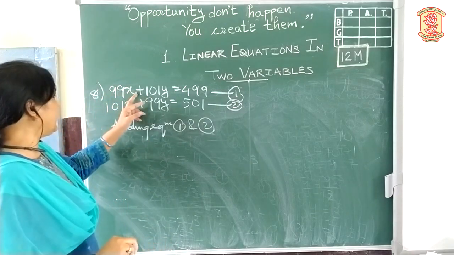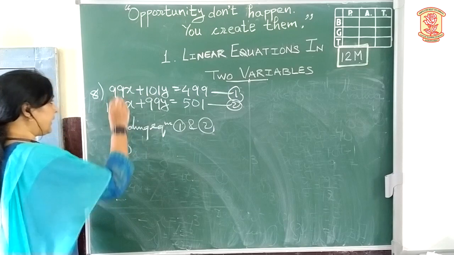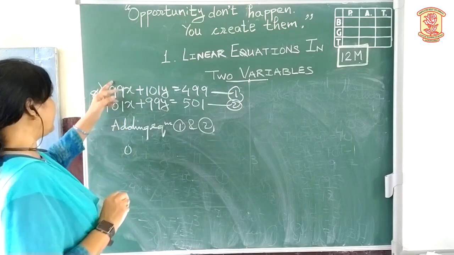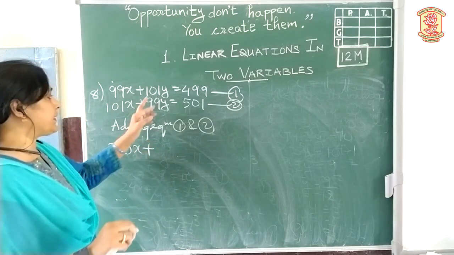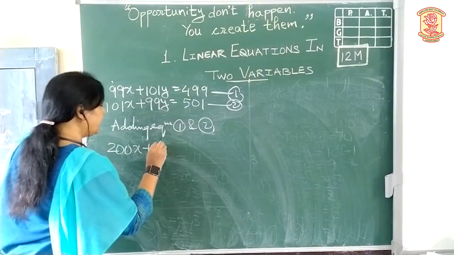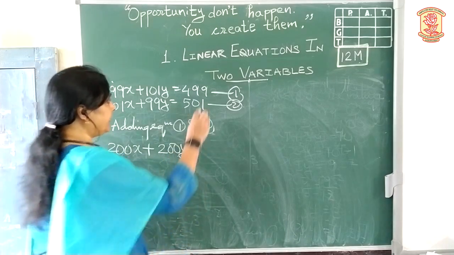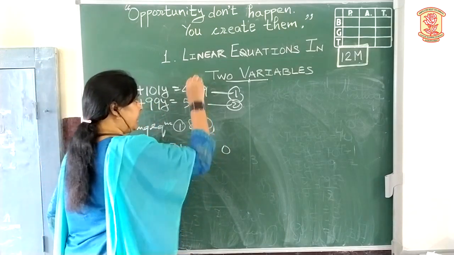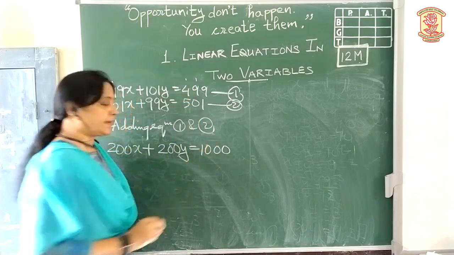So here 99x plus 101x, that is 9 plus 1 is 10, so it becomes 200x, plus 101y plus 99y, that is 200y, equals, again 9 plus 1 is 10, 5 and 5 is 10.